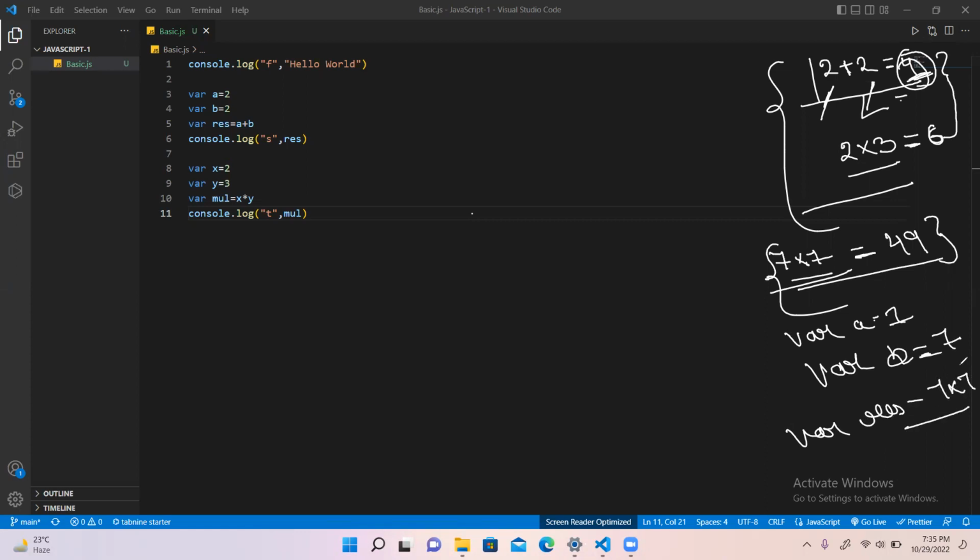Okay. So instead of this, you can try this. Okay. 7 into 2. It means to say 7 raised to the power 2. Okay. So let's try this example.